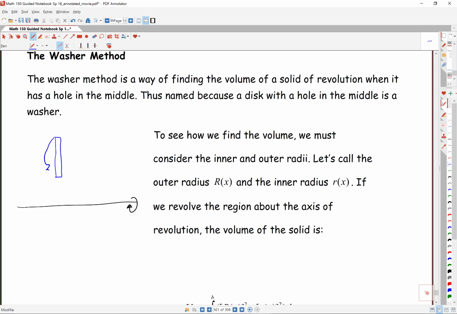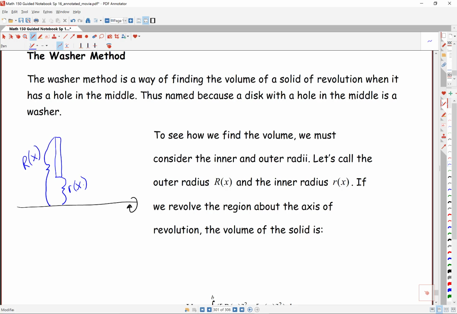So here, this ends up being your big R of x, your capital R of x. And so you basically consider, okay, if I found that entire area as if my rectangle was resting on the axis of revolution, what would I get? And from that, you subtract out this little bit, which is r of x, and that subtracts out the volume.